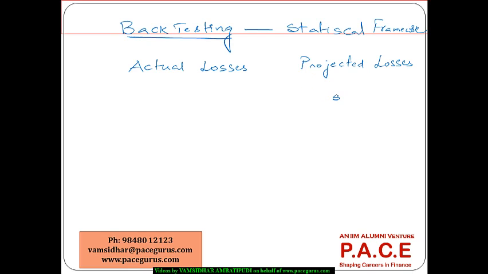It says there is a 5% chance that the daily losses will exceed some X. That is what a 95% confidence VAR for daily returns means: there is a 5% chance that the losses could be more than that. Now, what I would like to do is compare the actual losses. In every 100 days, typically 5 days, the losses could be more than X. That is what I want to compare, to verify whether the actual losses are in line with the projected.